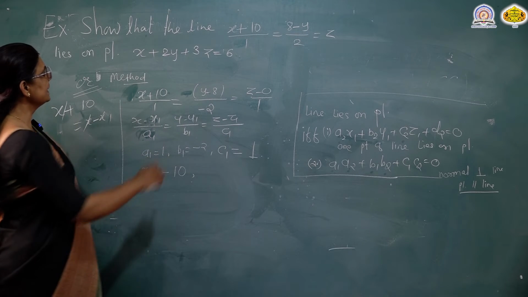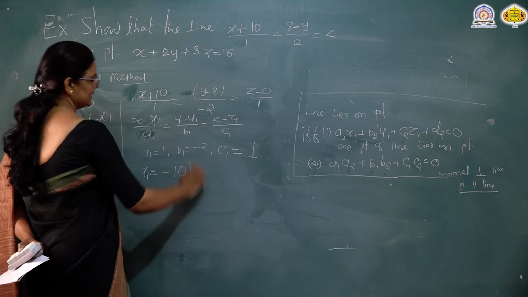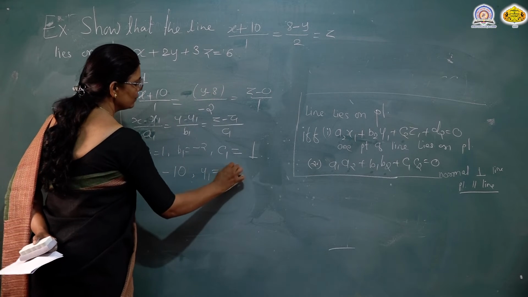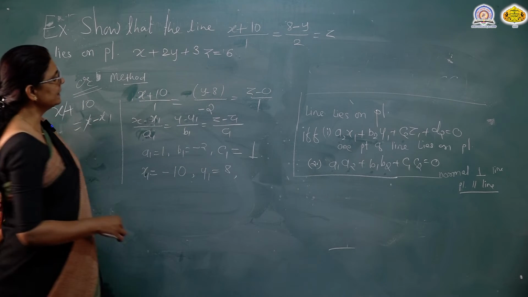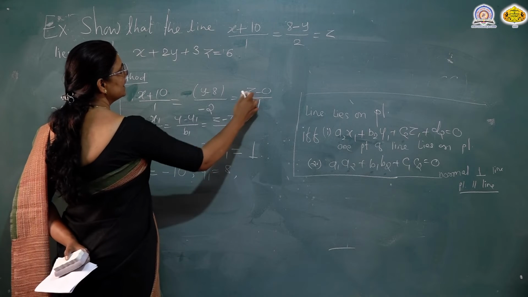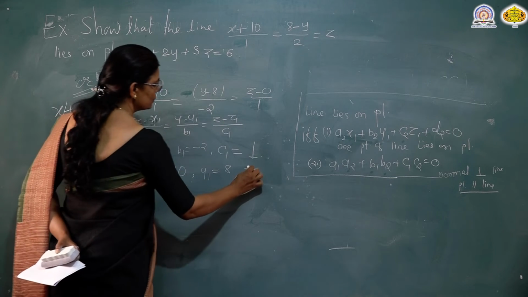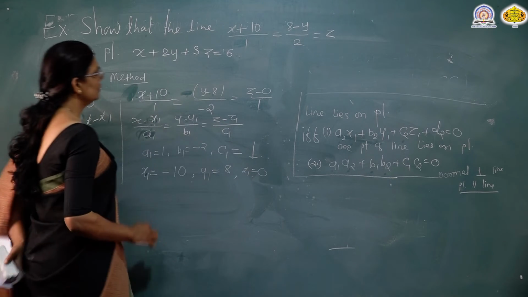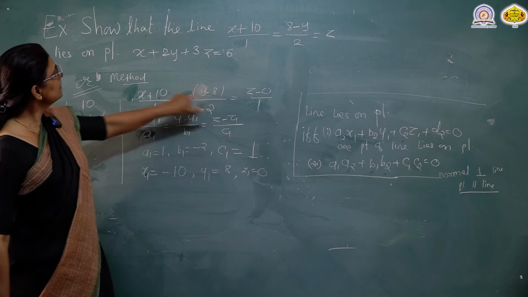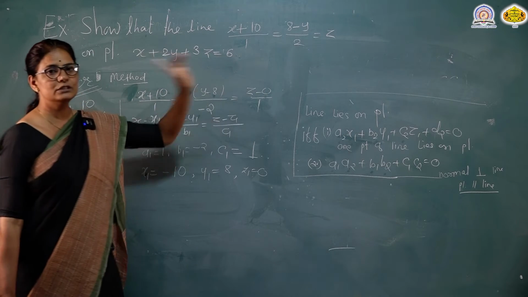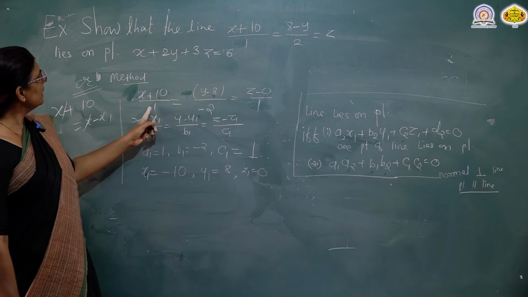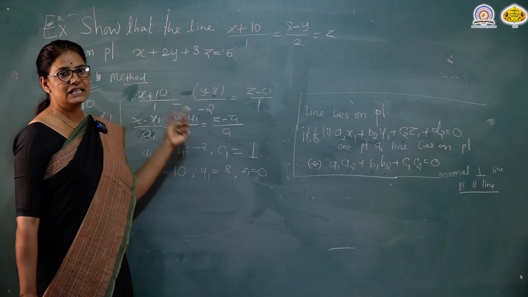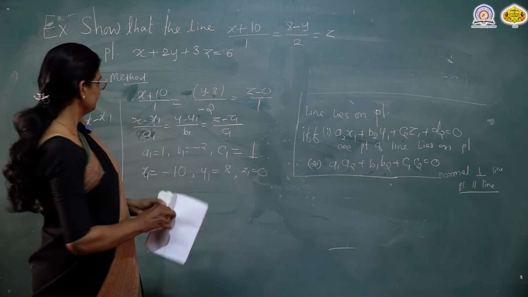Next, minus y1, here minus 8, so directly comparison gives y1 equals to 8. And here also z minus 0, z minus z1, so we get z1 equals to 0. So remember, minus 10, 8 and 0 is one point on the line, and 1, minus 2, 1, these three numbers are DRs of the line.